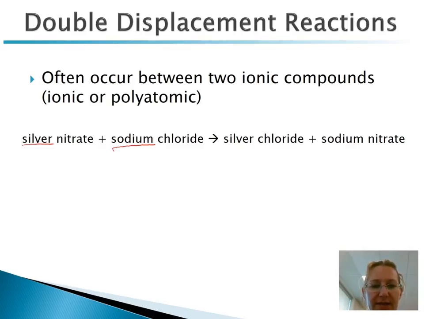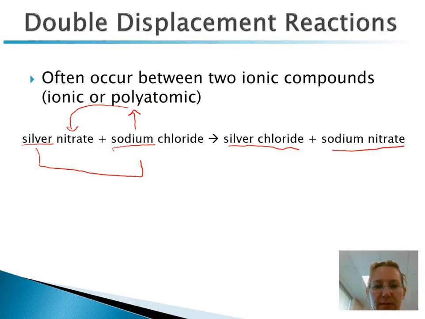So here we have an example. Silver nitrate and sodium chloride produce silver chloride and sodium nitrate. So what's going to happen here is the silver will come and displace the sodium to form silver chloride, and the sodium goes back and bonds with the nitrate to form sodium nitrate. So again, both of these metals have changed places.